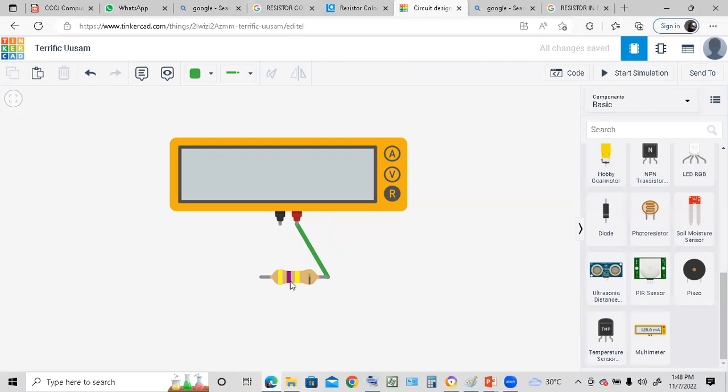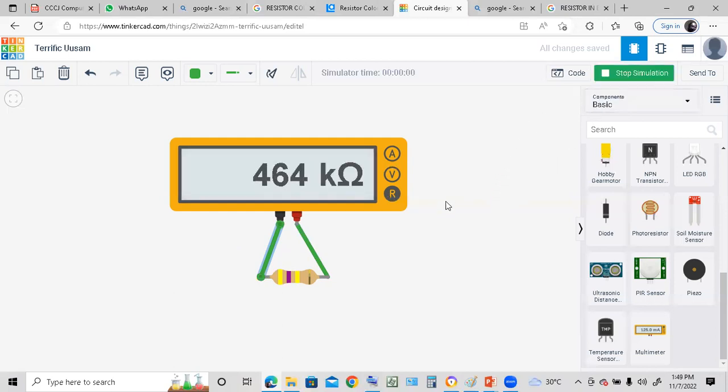Look at the chart. 7. So we have 4, 7, and we have 0 right here. What would be the value of this resistor? 4, 7, 0. 470. All right, 470 kilo-ohms.